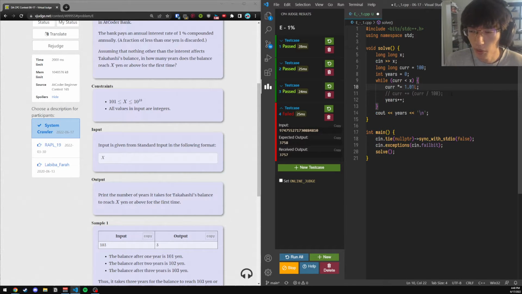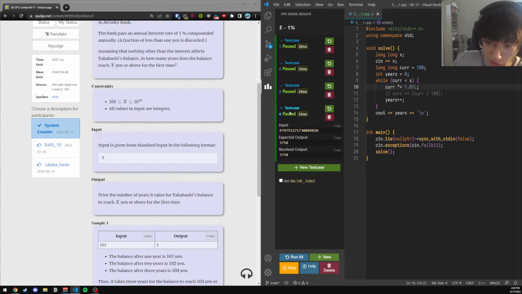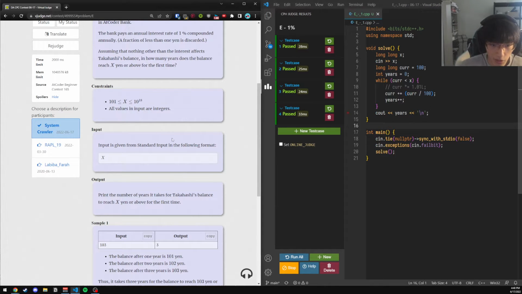But if you cast it to a long double literal, it turns out to pass. But it's just a lesson of how double precision floating point numbers don't really work that well with computers.